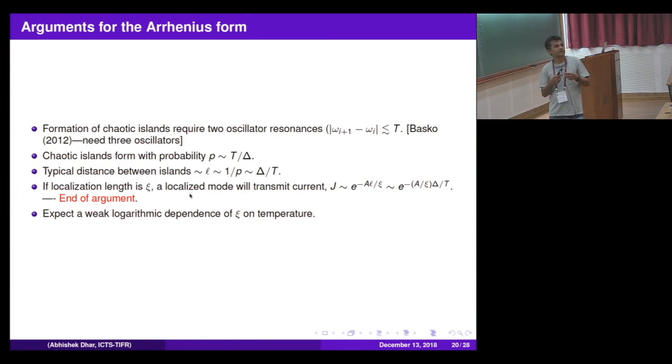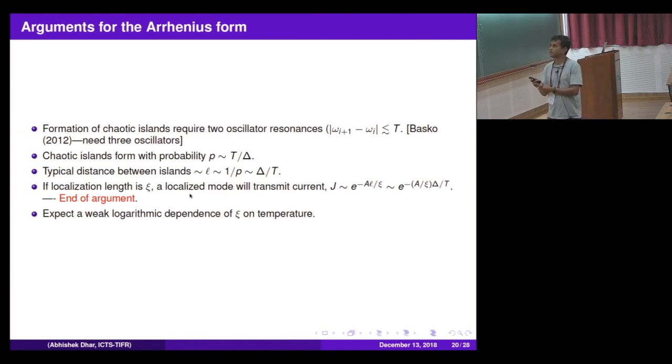Then the typical distance between these islands should be 1 over T, which is delta over T. So in this picture, this distance is delta over T, and you have a localized state which transmits energy between the islands, and so you get a current which scales like that. That's how this Arrhenius factor comes. Notice that if you needed 3 oscillators in resonance, this would be T over delta squared, which would give a much faster decay than what we see.